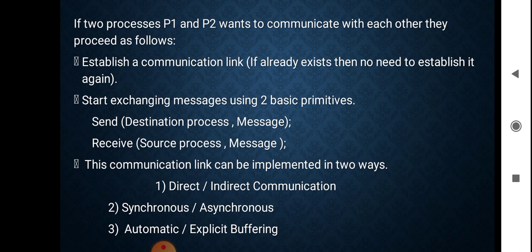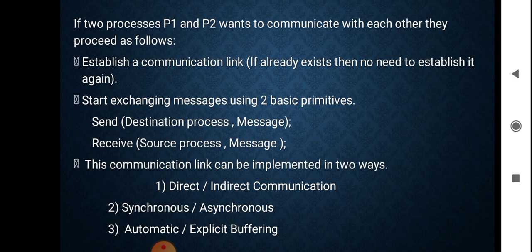Whenever we start exchanging messages between the two processes, we have to use two basic primitives, that is send and receive. What is the syntax of send? A send contains a destination process and the message.